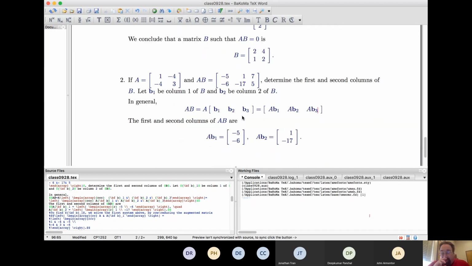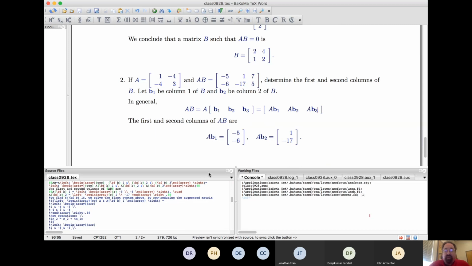So this is one property of matrix multiplication that we can take advantage of. Here we know what the first column of the result is, -5, -6. And we also know the first column of the result has to be A times B1, whatever B1 is. And similarly for the second column of the result.